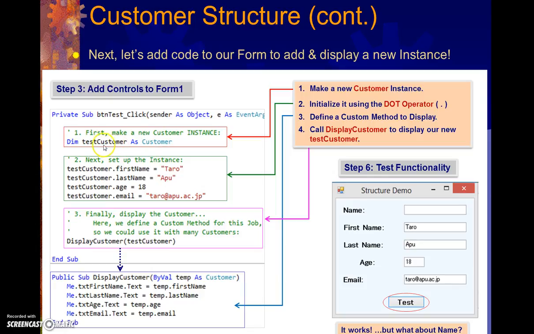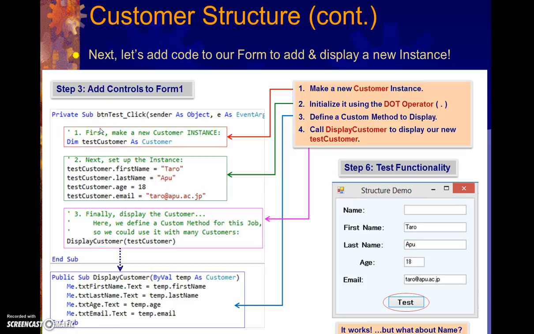Now, after you've done that, what's the name of, like, if this was As Integer, you might have said x As Integer. So x would be the name of your integer, right? And here, the name of our customer is going to be called testCustomer. Now, when I say name, I'm not talking about the first name or the last name or something.